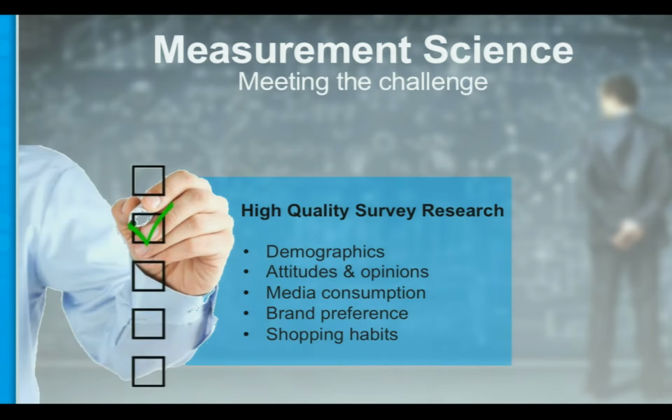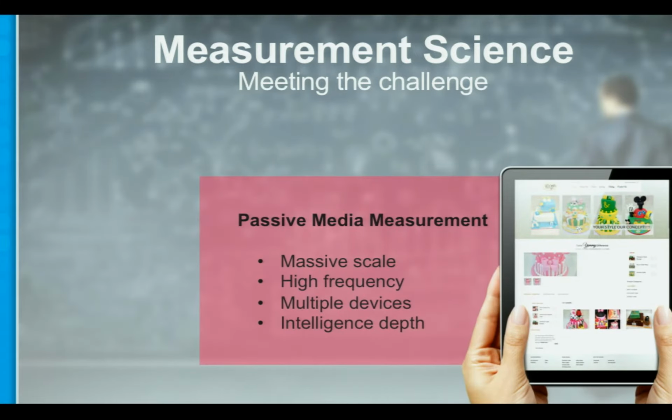Measurement science is the integration of active respondent data that we get from high-quality surveys. So we'll get demographics, attitudes and opinions, media consumption, brand preference, shopping habits from a traditional survey done in a very high-quality way, and linked to passive media measurement.